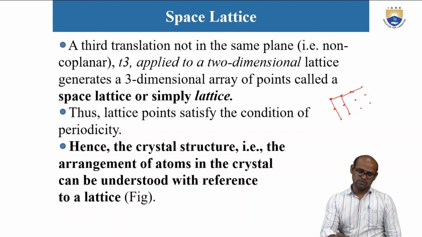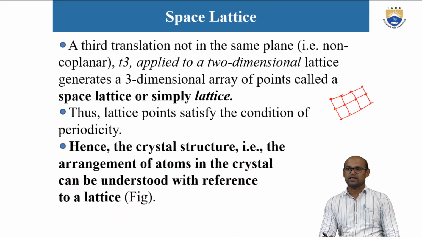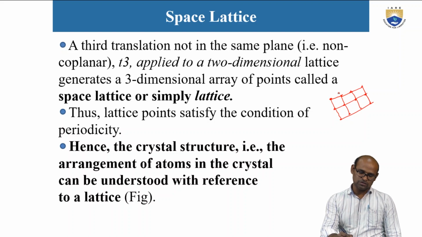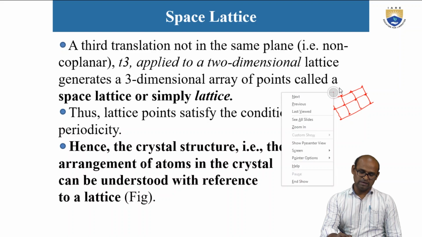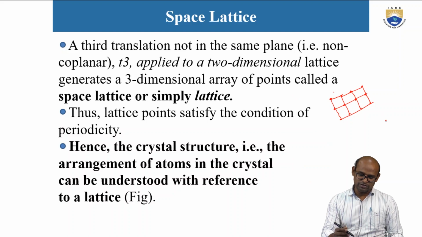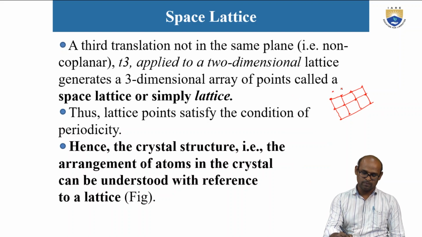Second, when I applied the translation in another direction, now I am going to apply the translation in another plane, not in the same plane. If I apply the translation to another plane with the same distance, I am going to generate a three-dimensional network of points, right?